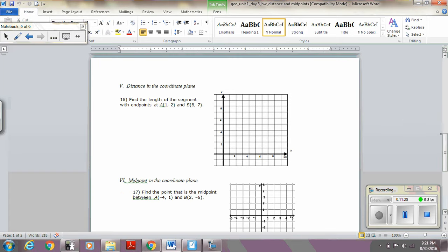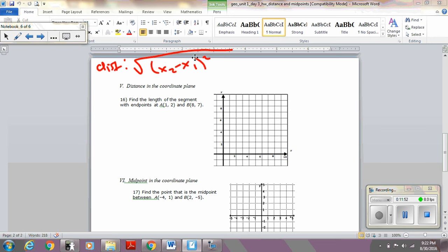Alright, so the back side of the handout deals with the coordinate plane. So the distance formula is the square root of x sub 2 minus x sub 1 squared plus y sub 2 minus y sub 1 squared.